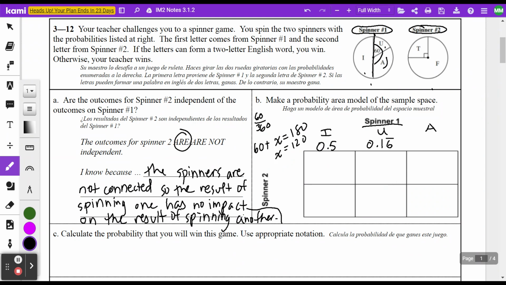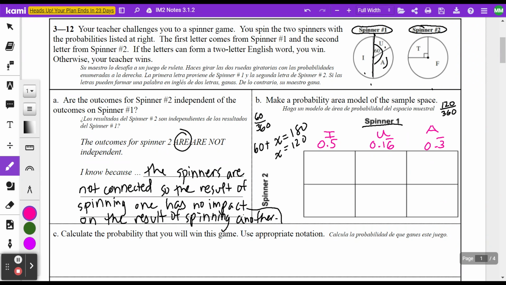So this is going to be 120 over 360, which is 0.3 repeating. I pressed pause to change the color for I, U, and A because with all of the scratch work around it, it was hard to see. So that's the only change.